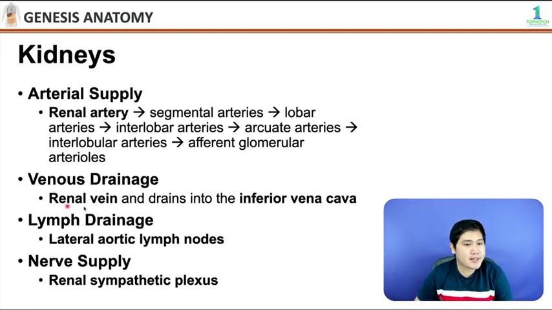It is drained by the renal vein, which directly drains into the inferior vena cava. The lymph drainage is coming from the lateral aortic lymph nodes, and the nerve supply is coming from the renal sympathetic plexus.